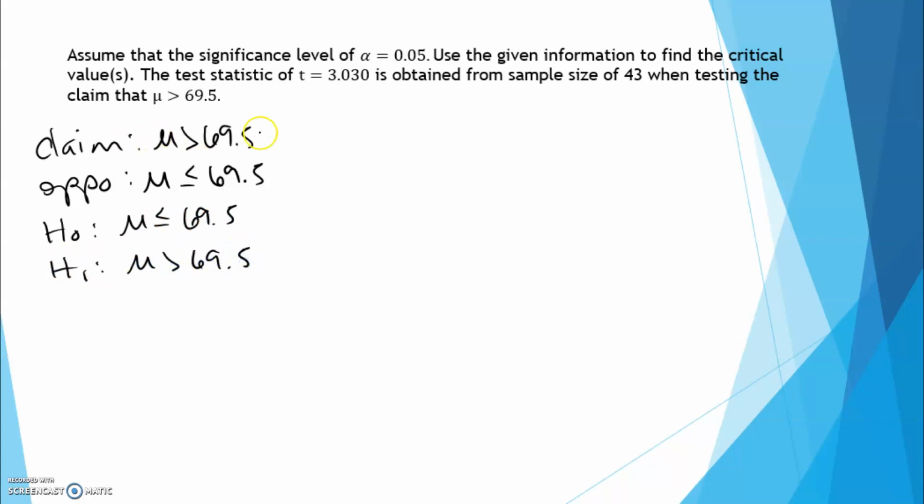Okay, our original claim falls with H sub 1 this time. Okay, alpha is 0.05. Our test statistic is t is equal to 3.030. Okay, they're looking for the critical value, so we're going to use the traditional method.